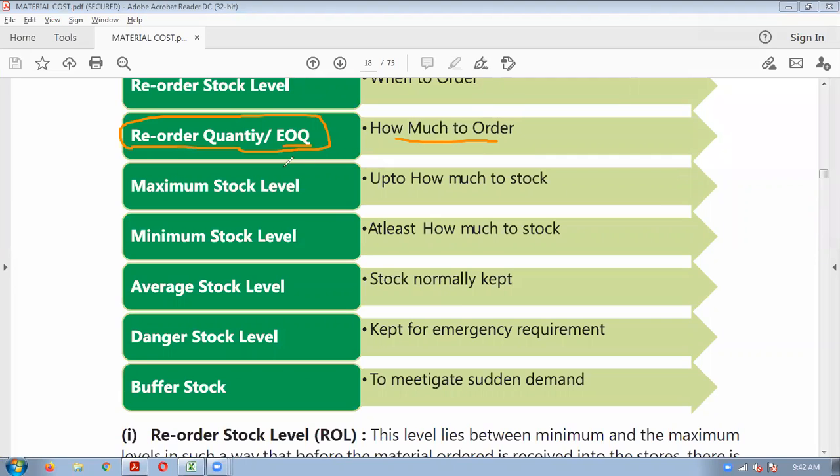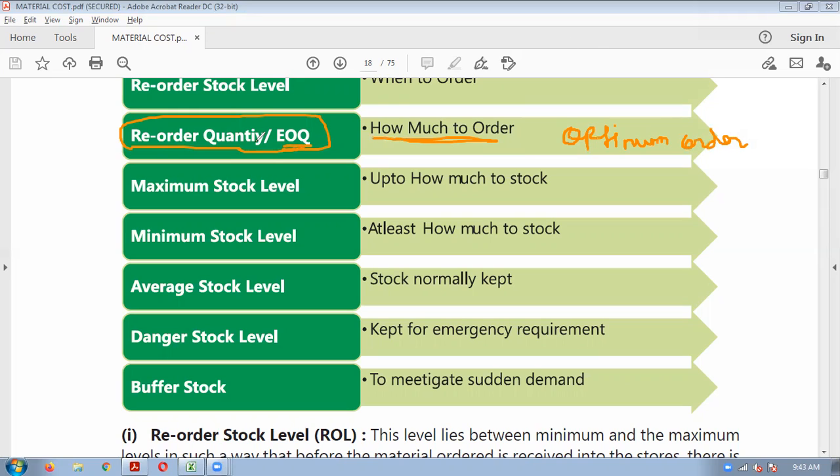So this will be calculated by using a formula which is known as the economic order quantity formula or reorder quantity. EOQ or reorder quantity is nothing but it will tell us how much to place an order, how much quantity, how many units you should order, or you can say what will be the optimum order to be placed.